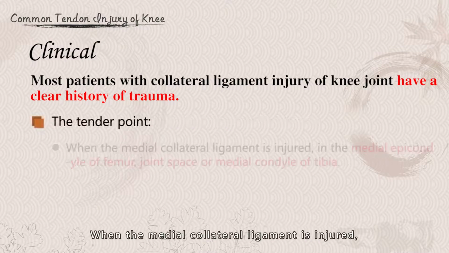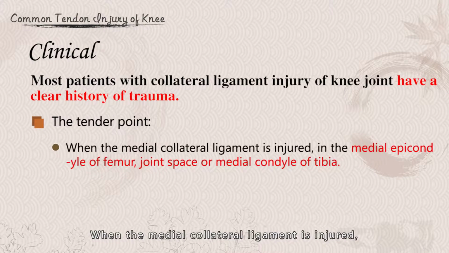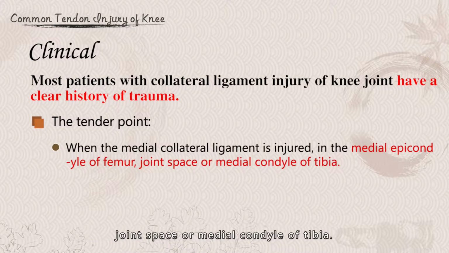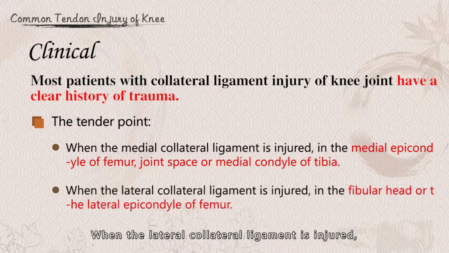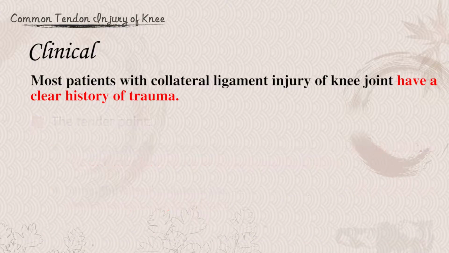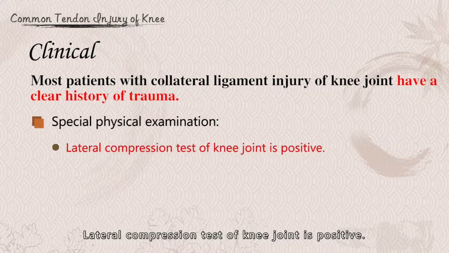When the medial collateral ligament is injured, the tender point may be at the medial epicondyle of the femur, the joint space, or the medial condyle of the tibia. When the lateral collateral ligament is injured, the tender point is at the fibula head or the lateral epicondyle of the femur. The lateral compression test of the knee joint is positive.